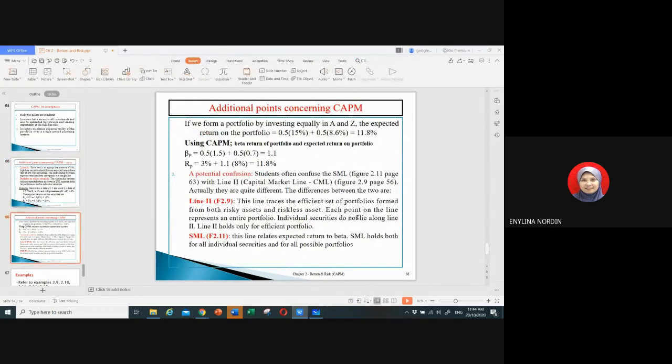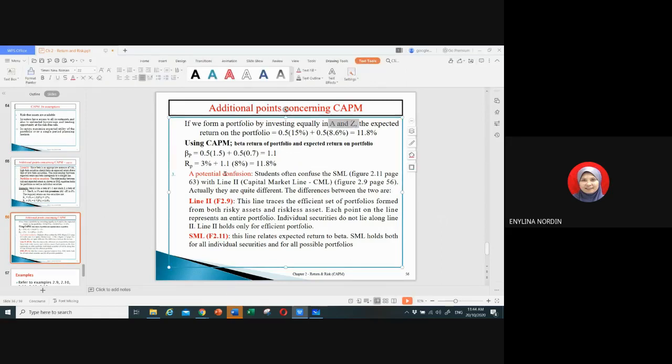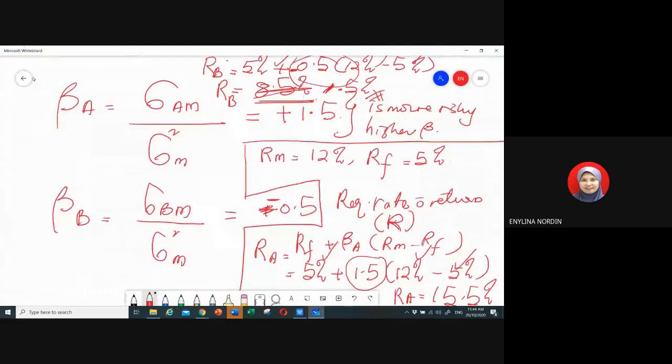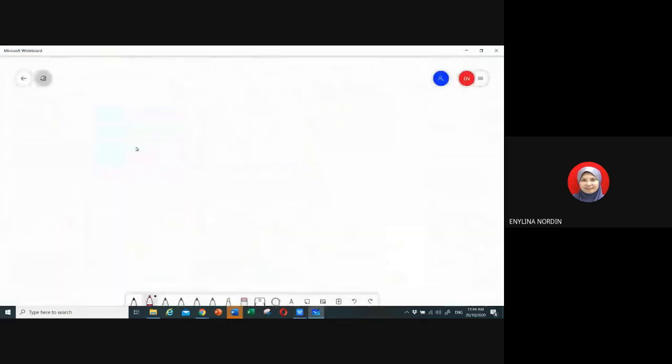Okay. Right, when it comes to a portfolio, same as what we did before, it depends on the weightage. Okay, let's say we want to form a portfolio that consists of stock A and Z, right? The expected return from the portfolio is, let's say you want to invest 50% in A and 50% in B. So how are you going to determine the portfolio return? Okay, in this case, if you invest in a portfolio, what was the beta of stock A?